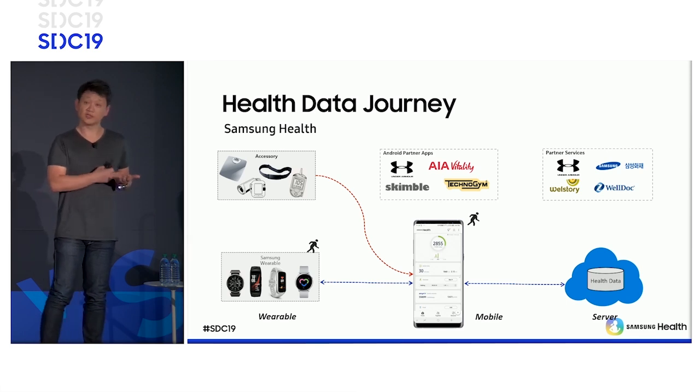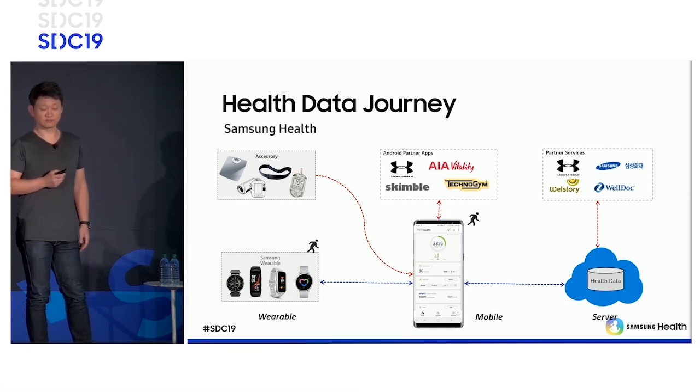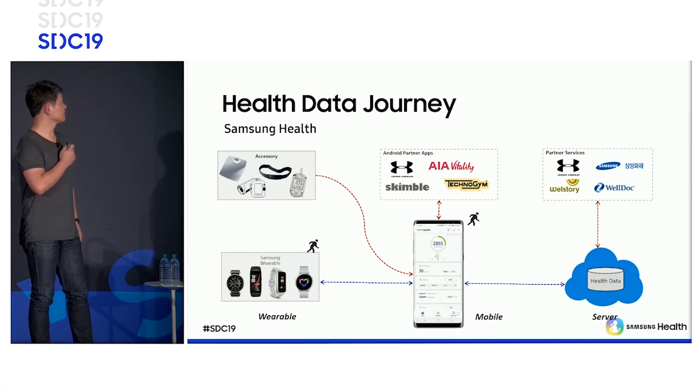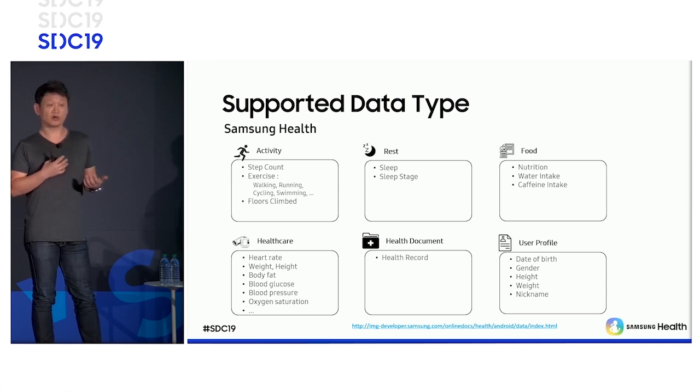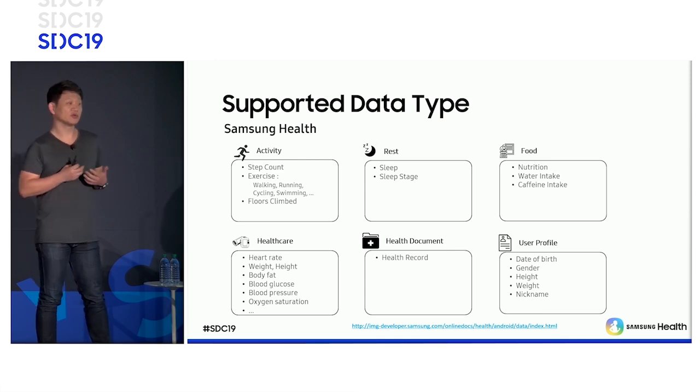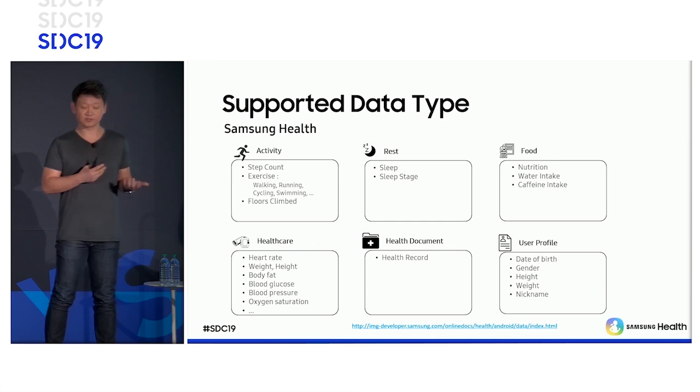Which data is supported in Samsung Health? Sorry. These are all the data types we currently support. We collect activity data, sleep quality, vital sign, body measurement, and health record also. These can be used for additional insight and analytics.